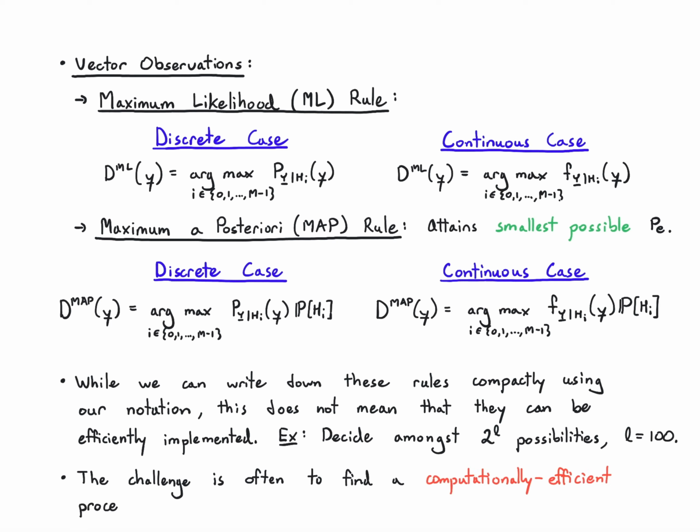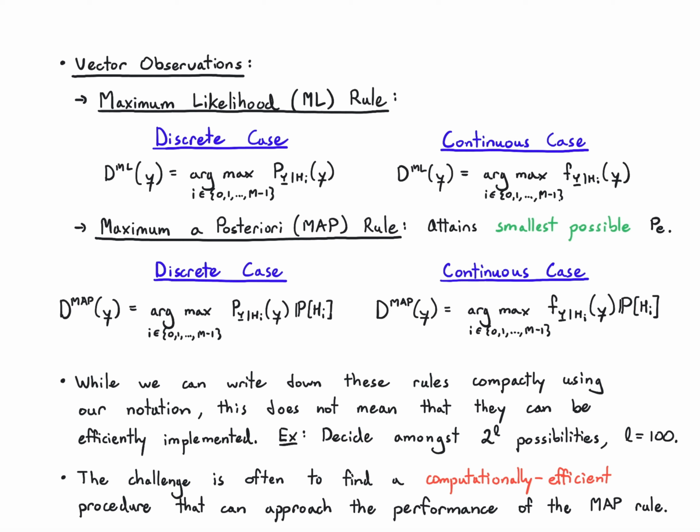So the trick in detection theory is to find a computationally efficient procedure that can come close to the performance of the MAP rule or even the ML rule. So that actually becomes the trick: once you have a big vector of observations and many, many hypotheses, how can you actually start to evaluate this at all? Okay, so that's where you can run into trouble. Again, kind of beyond our scope, but there's a lot of interesting stuff to study there and think about.